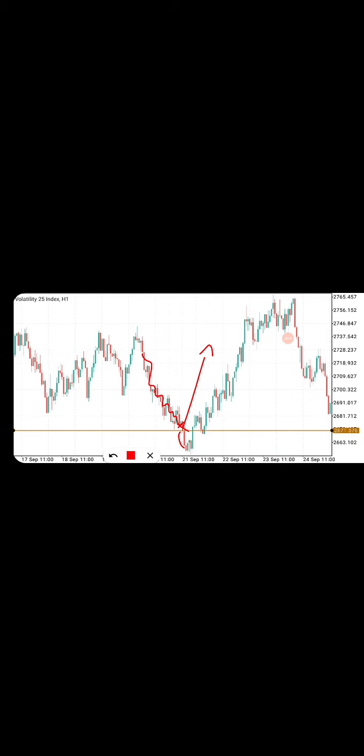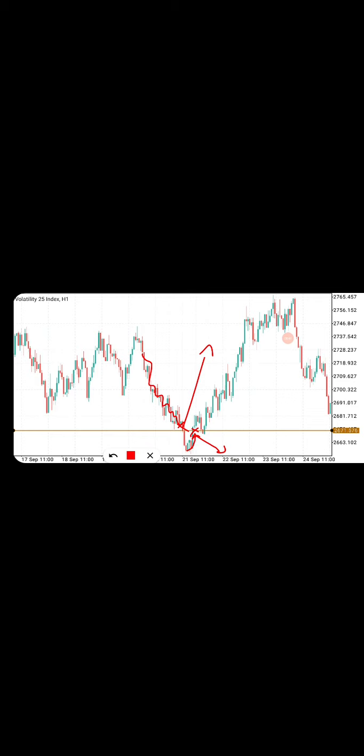Some traders, when the market reaches this level, will think that it is a retest. Those who have experience in trading know what a retest means. A retest is when the market breaks a support level, for example, and goes down, and after that makes a small regression and goes down again. So traders who thought the market was doing a retest would sell.